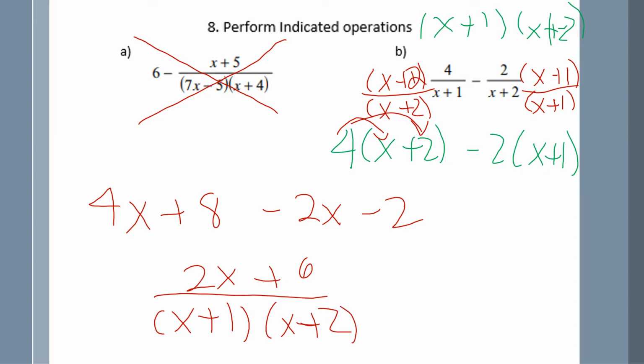Just like I told you before, you don't have to factor the denominator. You could if you want, just to show off your factoring and foiling skills, but it's not really necessary. This is what your answer should be for 8B. But again, you're skipping 8A.